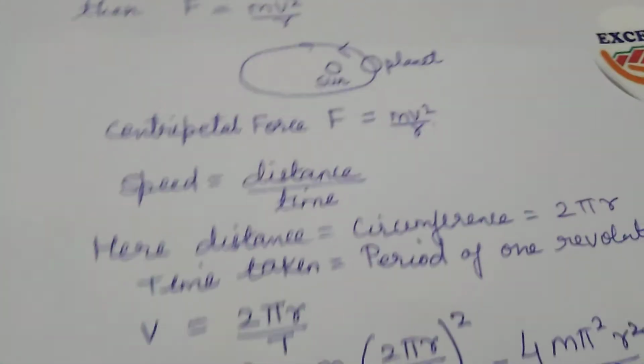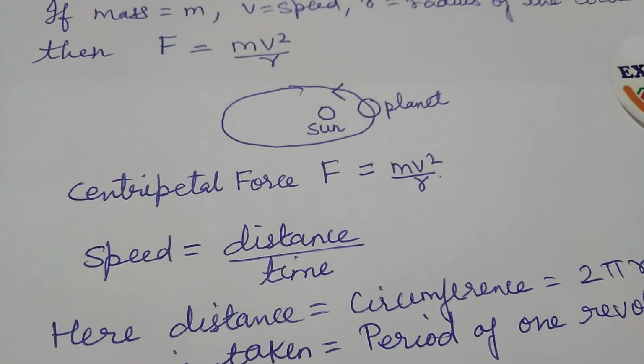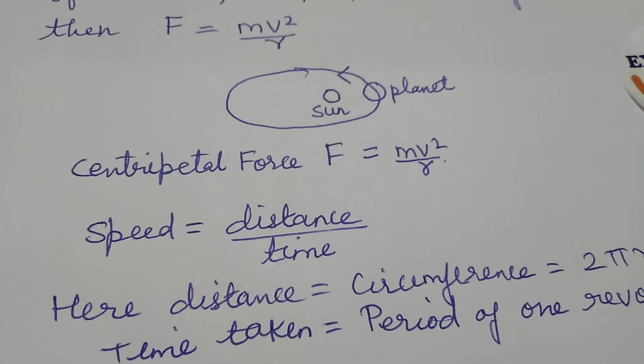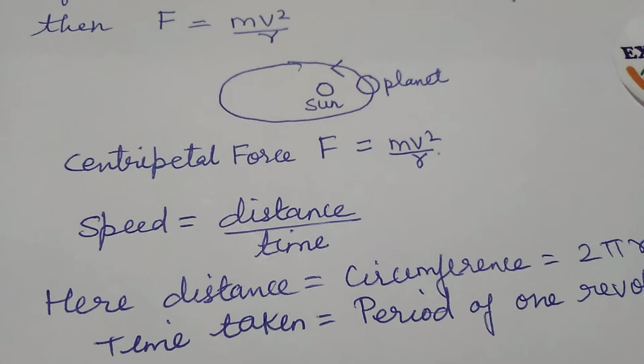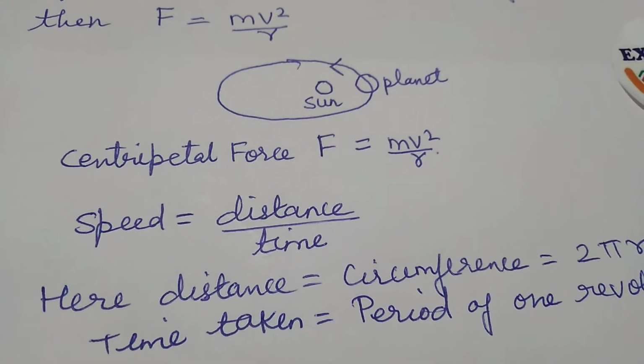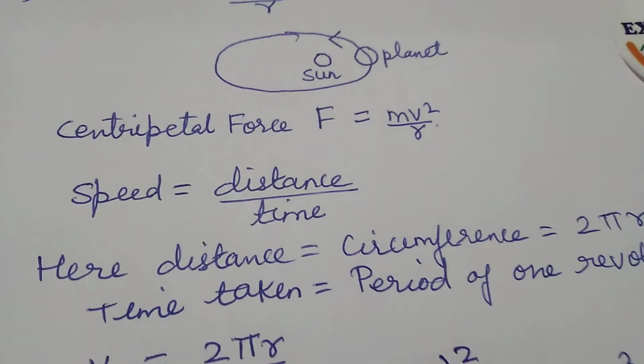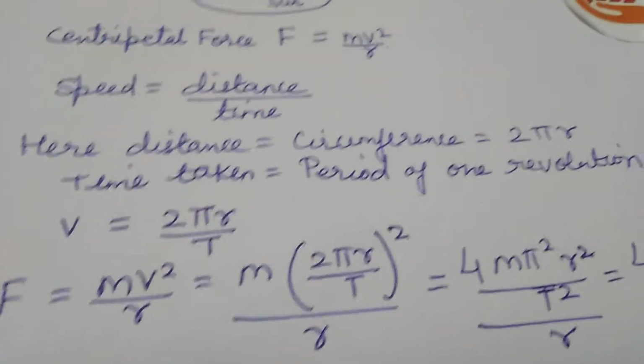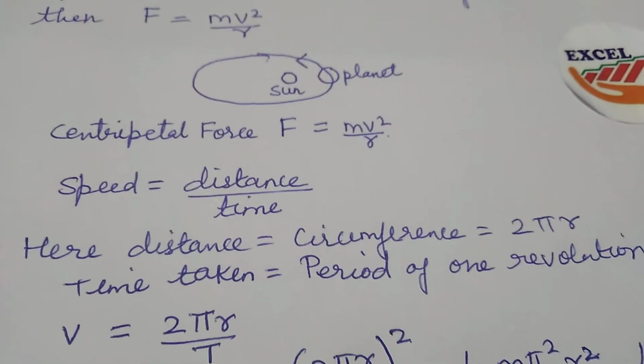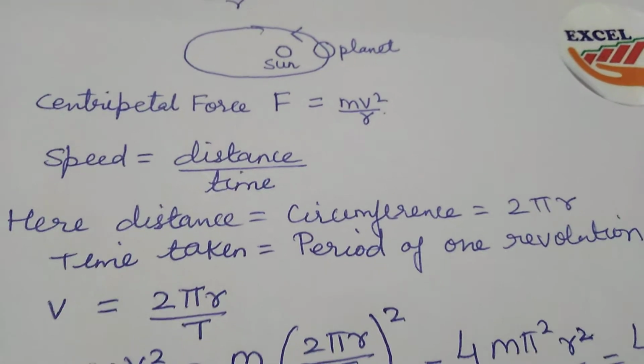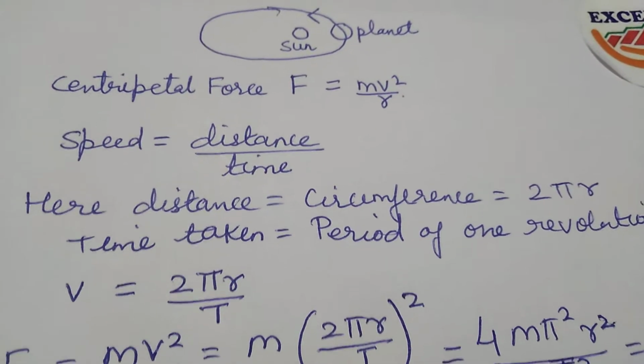Now here you can see I have drawn a planet which is orbiting around the sun. We know that centripetal force F is equal to mv square upon r. We also know that speed is equal to distance upon time. Now when this planet is orbiting, what is going to be the distance?